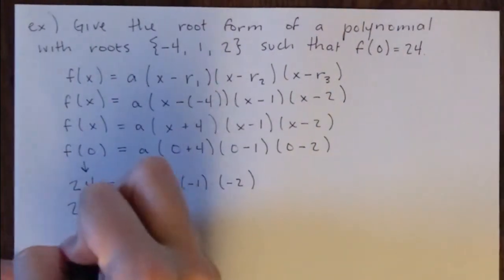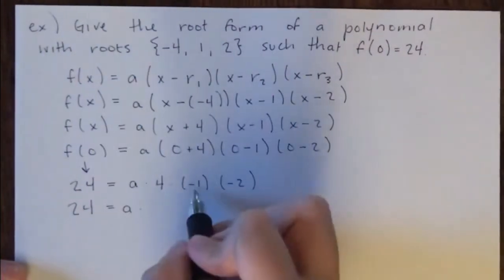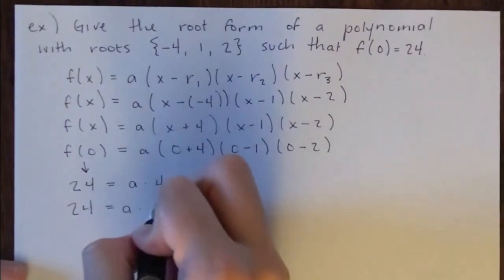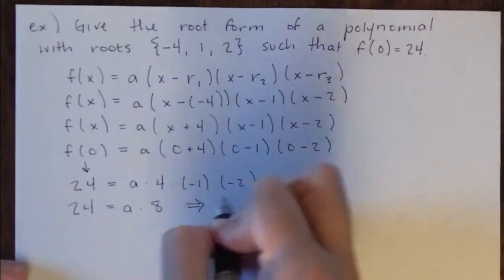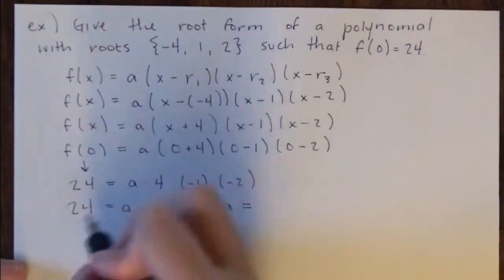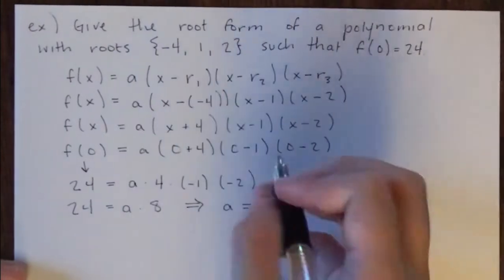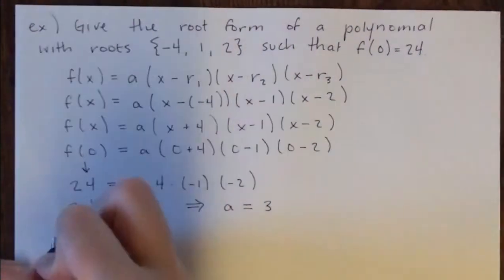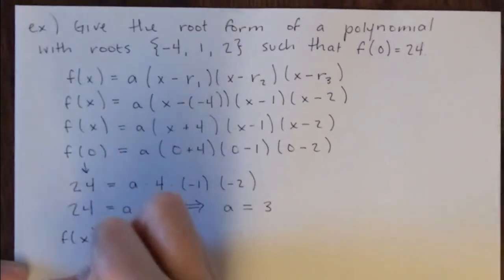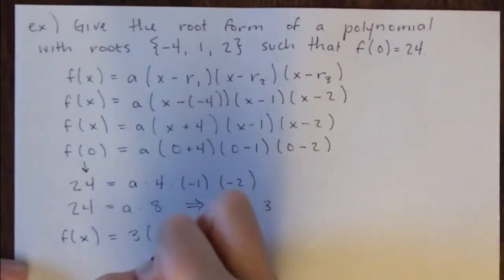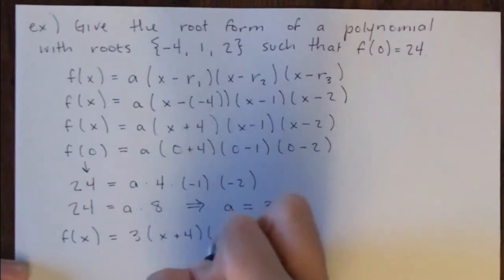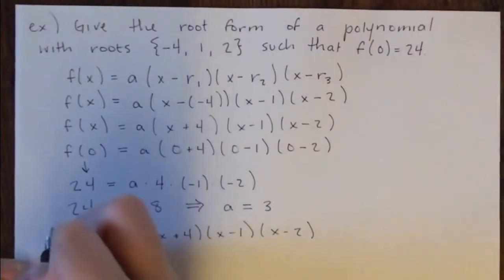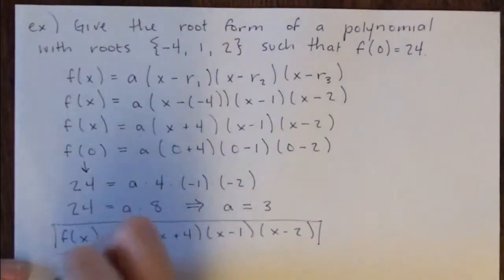So we know 24 equals a times 4 times negative 1 times negative 2 gives me positive 8, which means that a, we divide both sides by 8, we get 3. So we plug that in for a, we get 3 times x plus 4 times x minus 1 times x minus 2, and that's my polynomial.